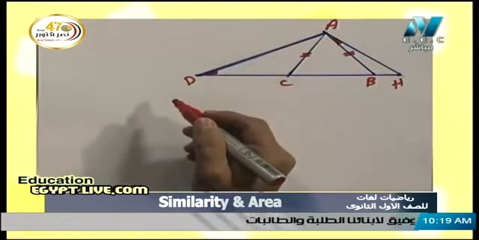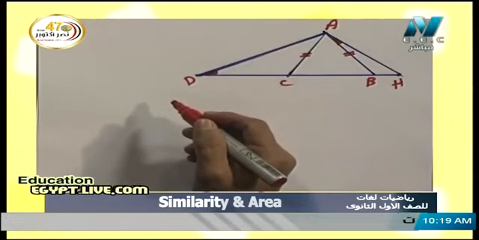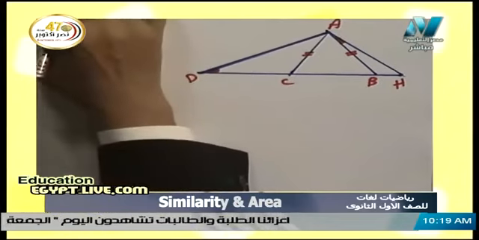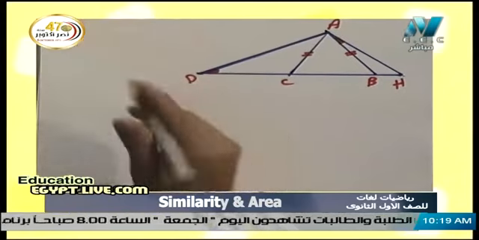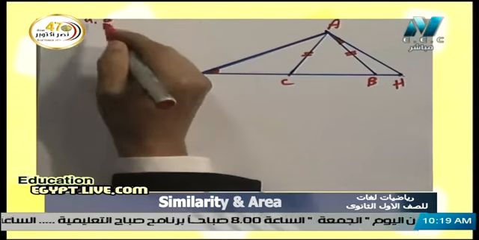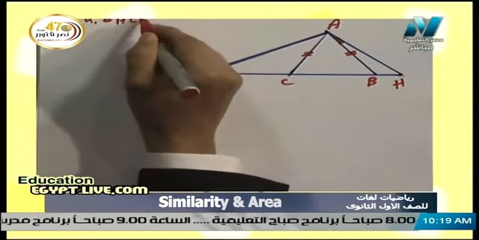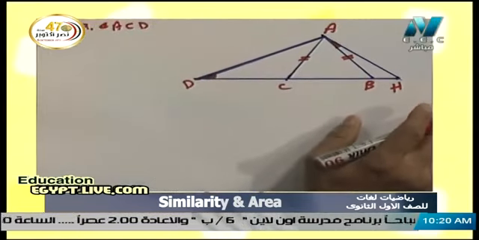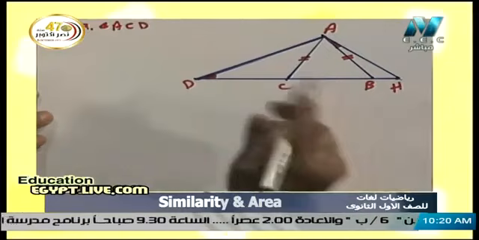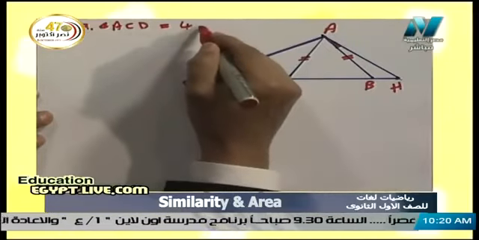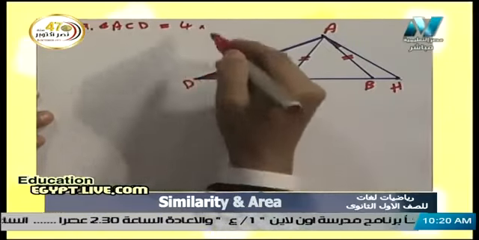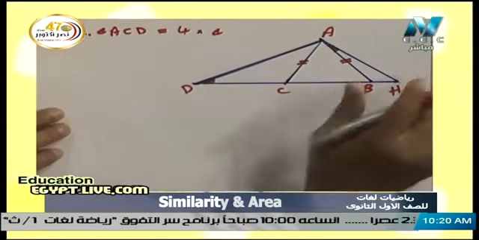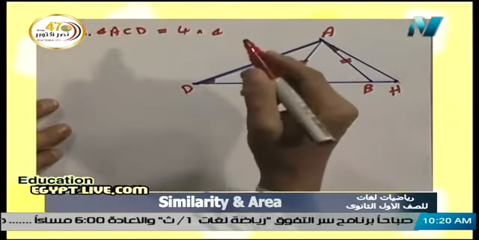Okay, and the area of triangle that's given also. The area of triangle ACD, okay, area of triangle ACD equals 4 times the area of triangle, yes, the area of triangle ABH.